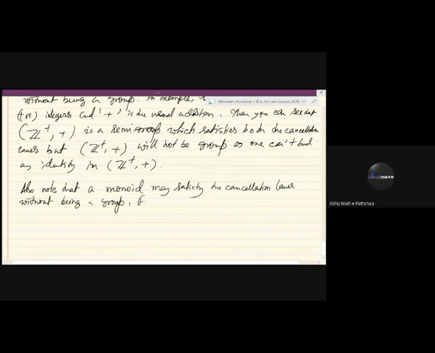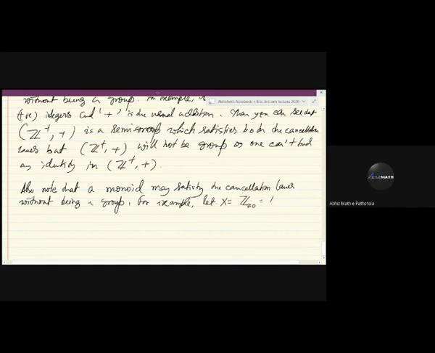For example, let X equal to Z greater equal to 0.